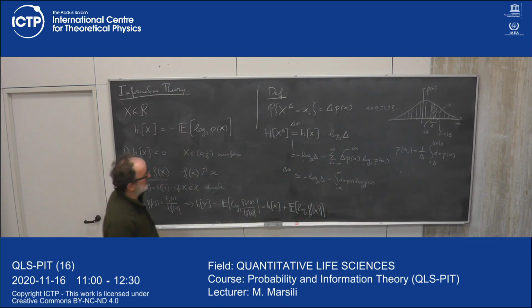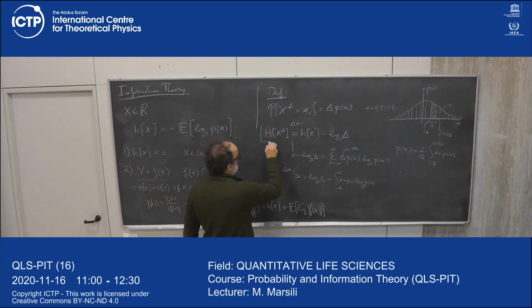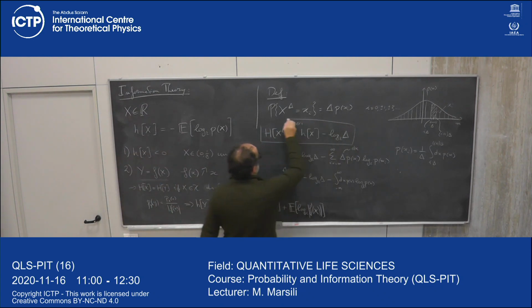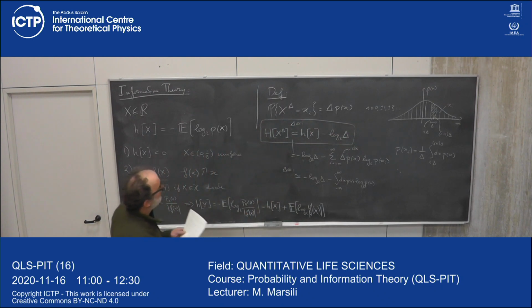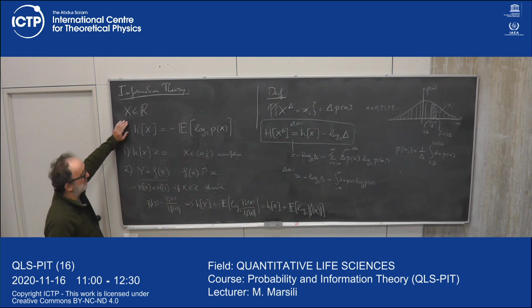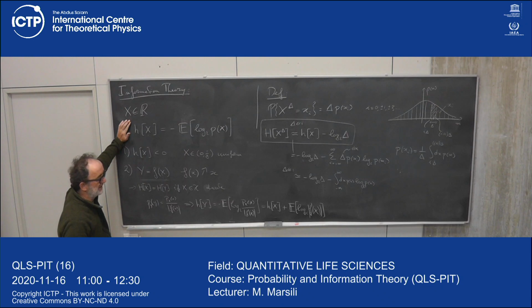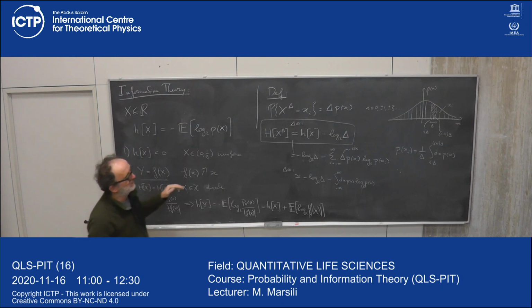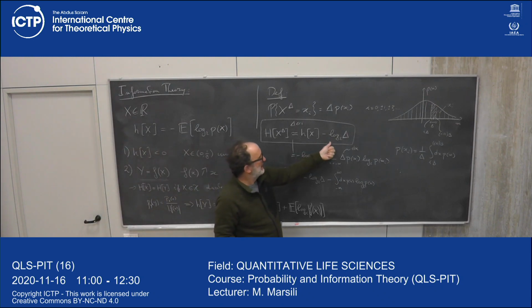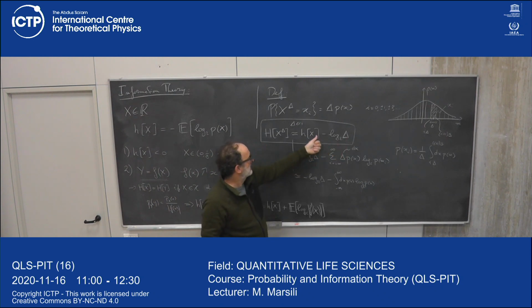So the meaning of this equation now is clear. If you want to know a random variable x to a precision delta, then you have to ask minus log 2 of delta questions plus an offset which essentially is given by this object here.